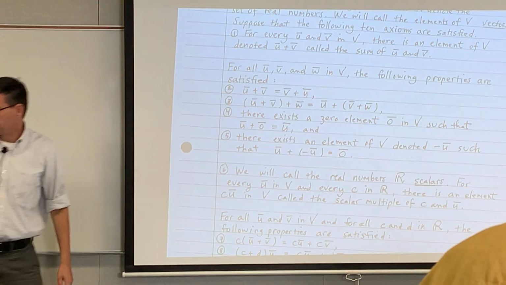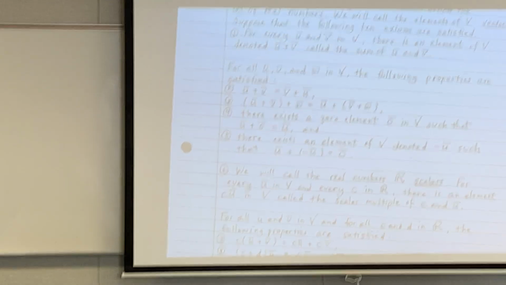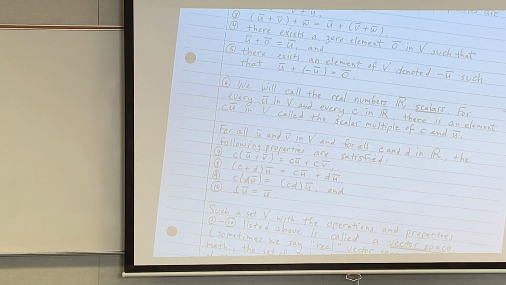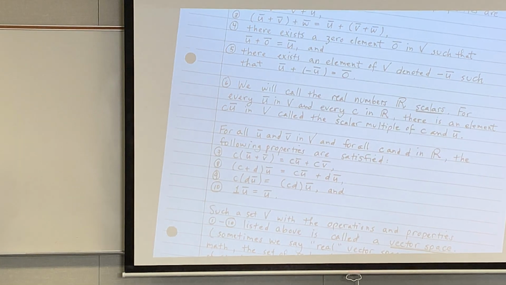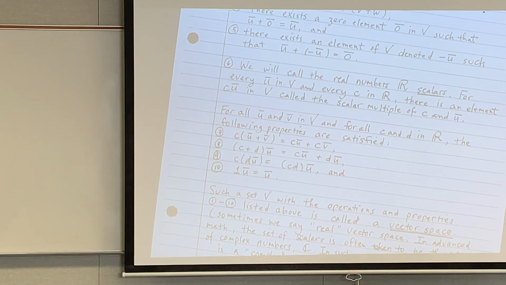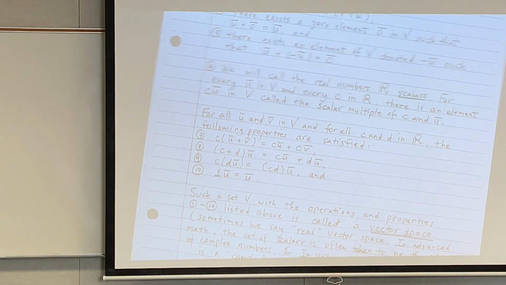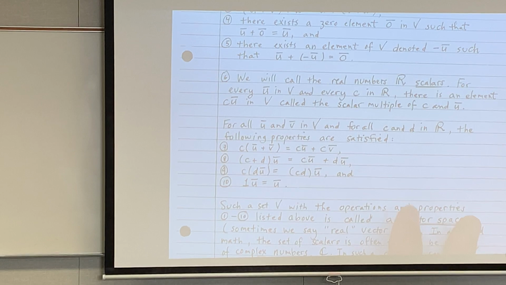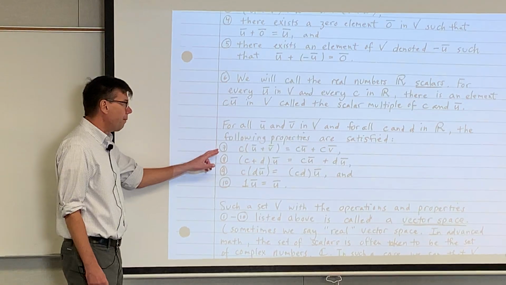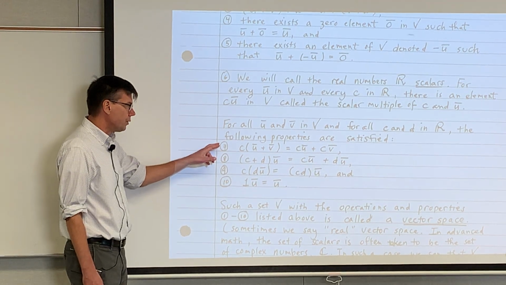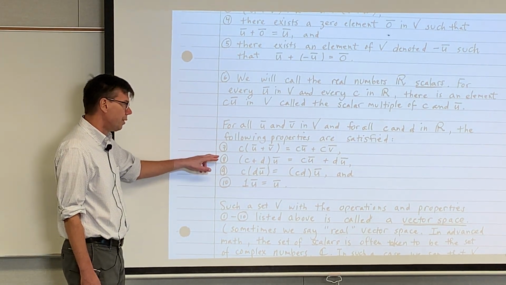And in line 6, we're talking about scalar multiplication. So you can multiply the vectors by a scalar, whatever those vectors may be. And then after number 6 are the properties that apply to scalar multiplication. Those are basically distributive rules.